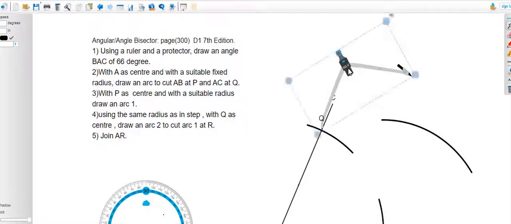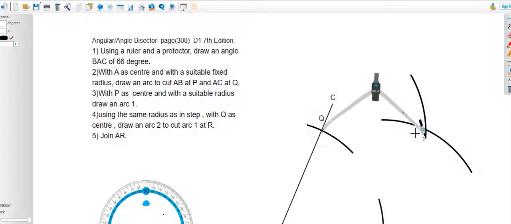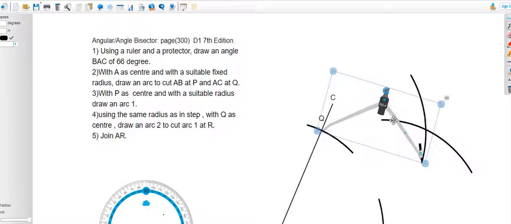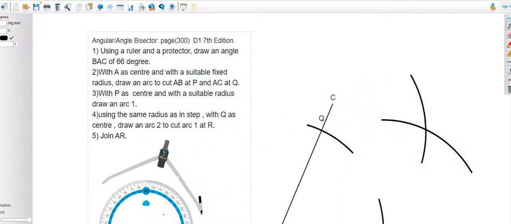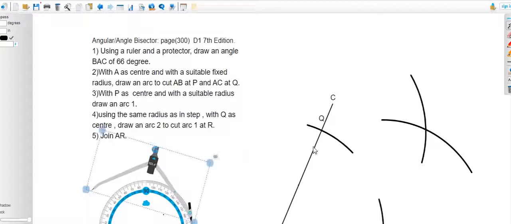Keeping it over here now. See, that's how we do it. As you can see, keeping the compass apart now here, we got the angle bisected.